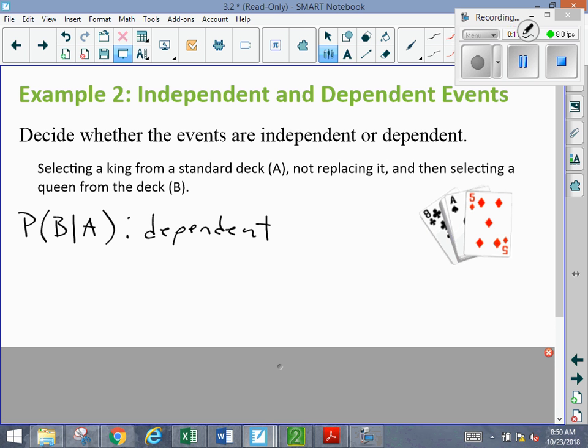Why is it dependent? Because the second I pull a card out, I've already changed the probability of getting the next card, because there's one less out of my total. And so that's what's going to make it a dependent probability.